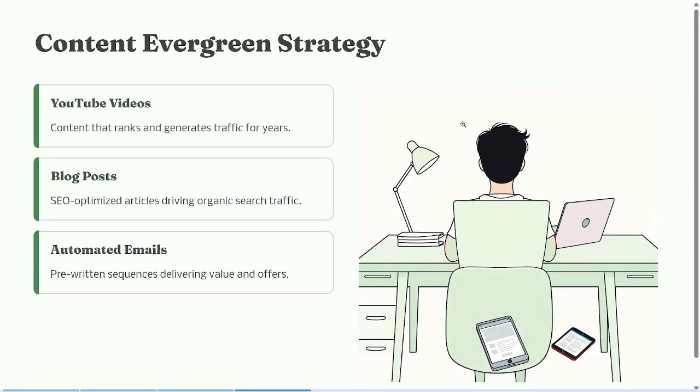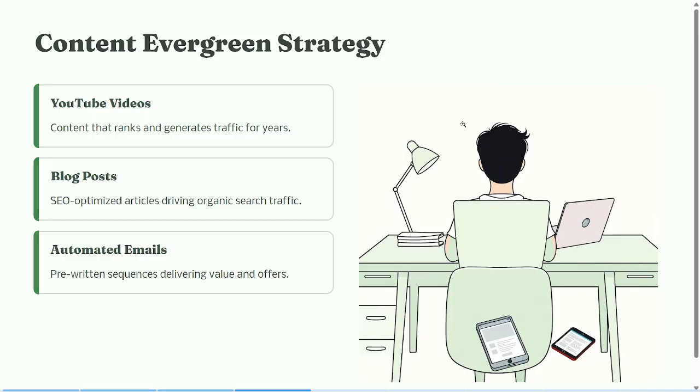Now, content, evergreen strategy. As we have an evergreen system, we also need to have an evergreen strategy. What are the evergreen content strategies? Number one, YouTube videos. Very important in this time and age.